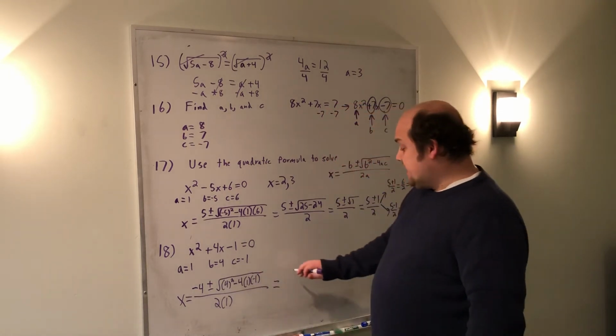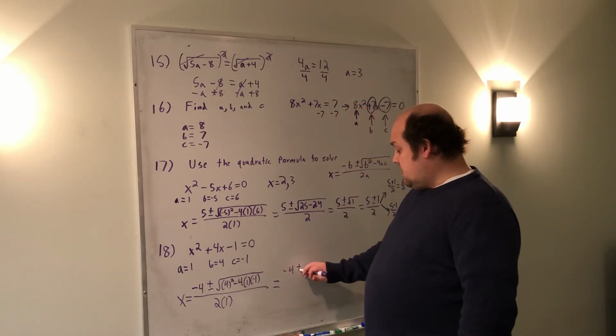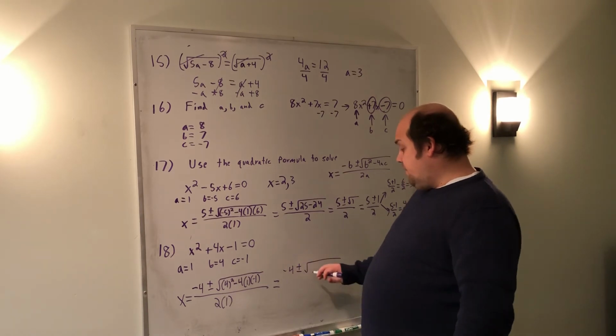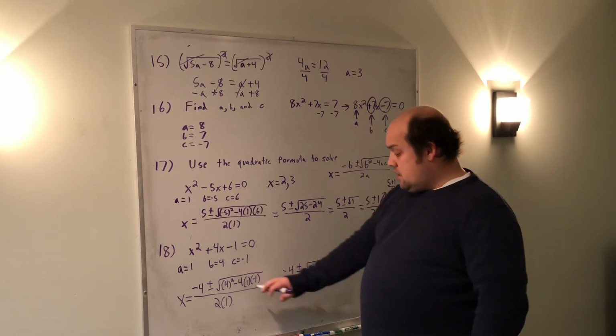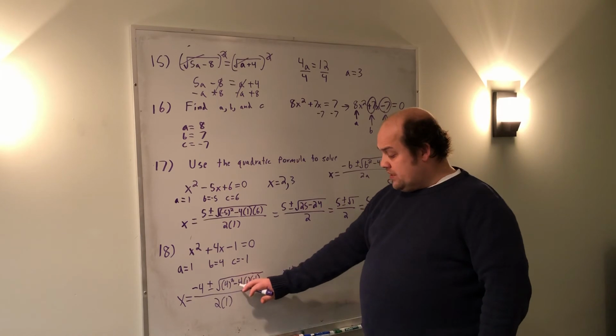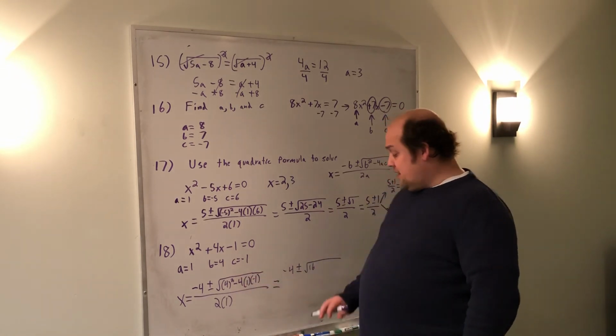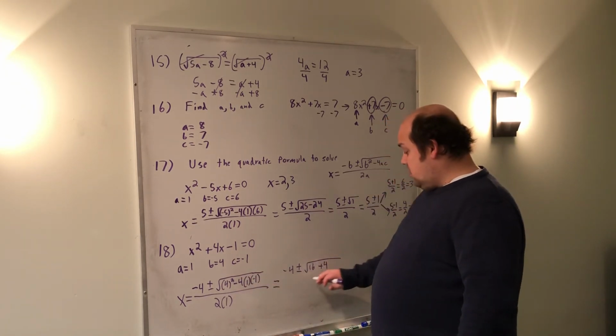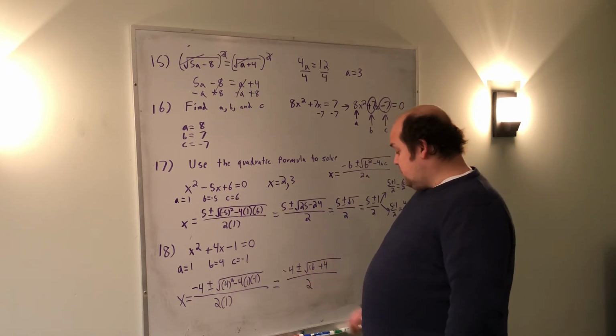When I go to do my next step, the negative 4 stays, becomes plus or minus the root of 4 squared is 16, minus 4 times 1 is negative 4, times a negative 1 makes it into a positive 4, all over 2 times 1 or 2.